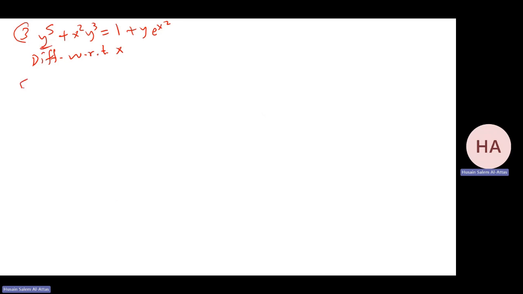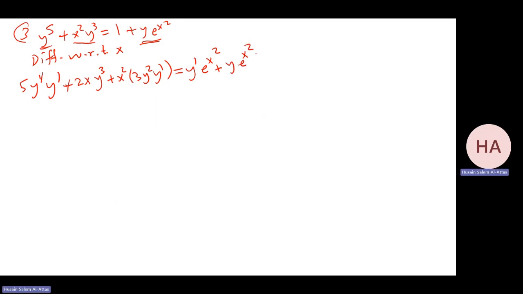What's the derivative of this? 5y to the power 4. Don't forget y prime. Plus, here I have a product. Derivative of the first, 2xy cubed, plus x squared, derivative of y cubed, 3y squared y prime, equals 0. Here I have a product, so I have y prime a x squared, plus y a x squared, derivative of this, 2x.